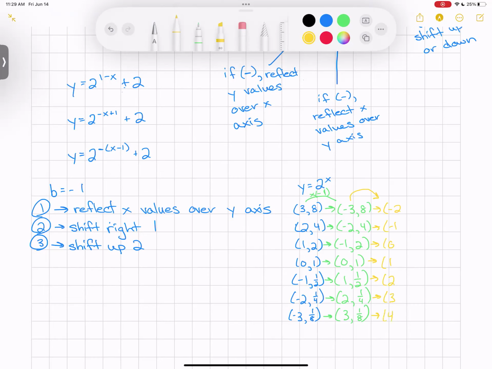And then our third step is we're shifting the graph up by 2. In other words, we're moving our y values up by 2. So I'm going to do that here. So here we shifted right 1, so we did +1. Here we're shifting up 2, so we're going to do +2 to our y values.